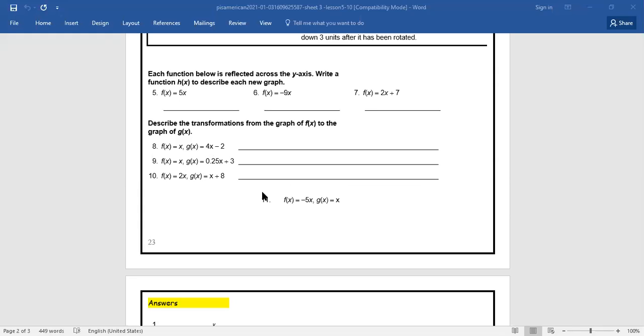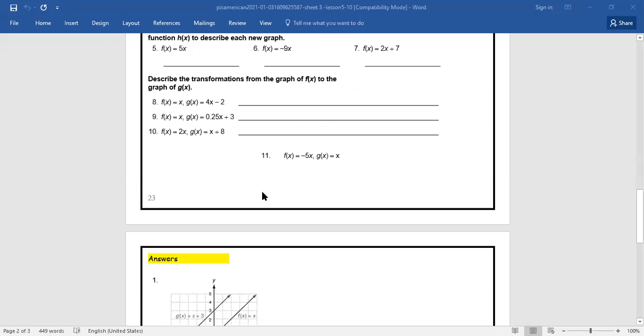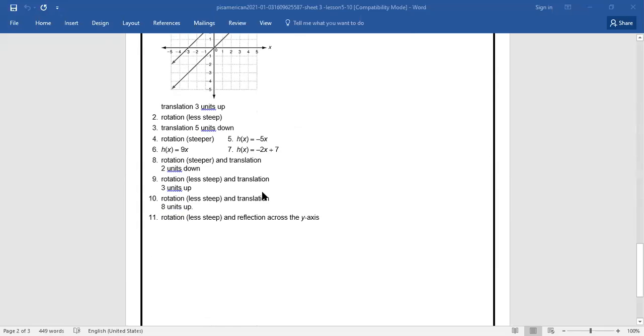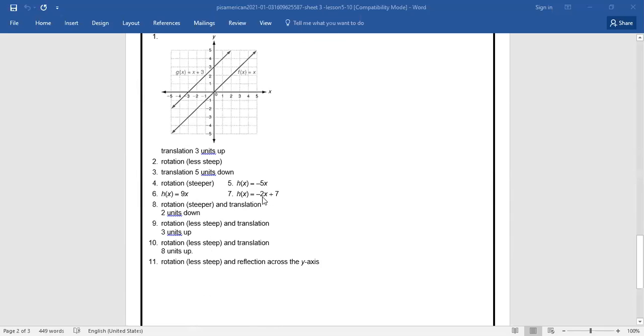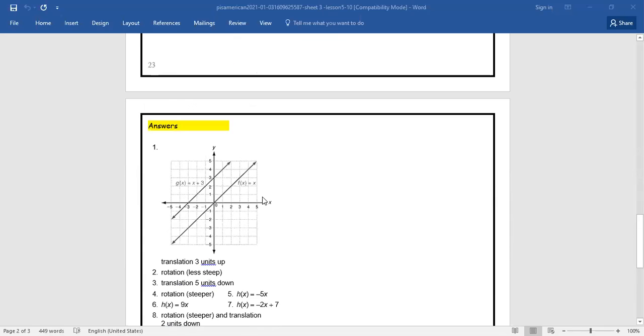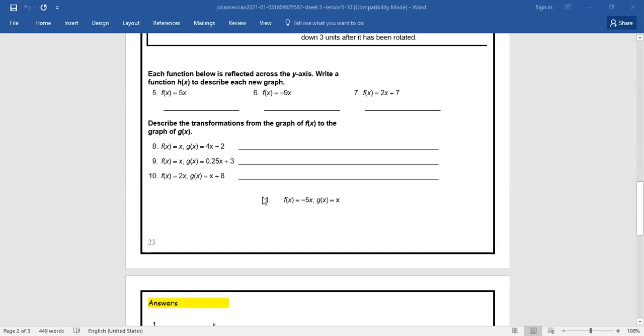You have different slopes, which means a rotation. Steeper or less steeper? Less steeper. It was 2, becomes 1. And after that, plus 8 means a translation of 8 points. Do we shift up or shift down? Up.